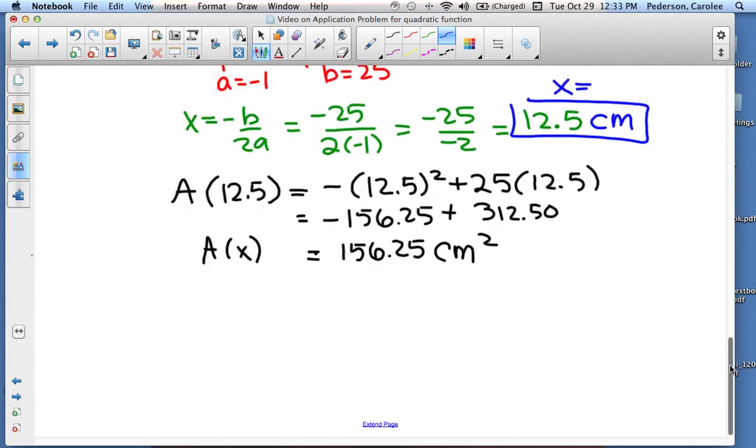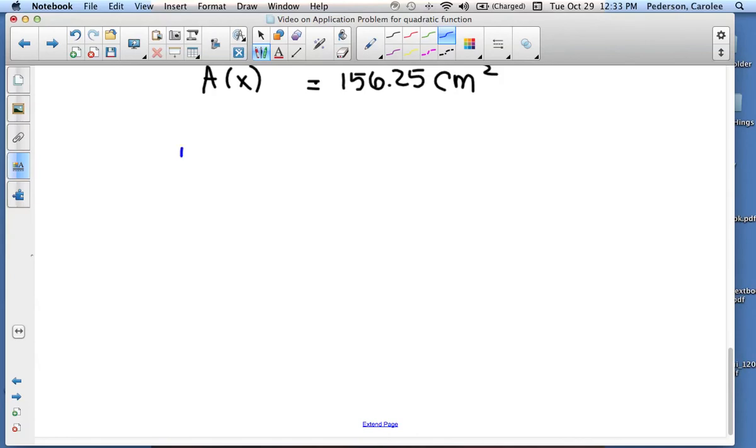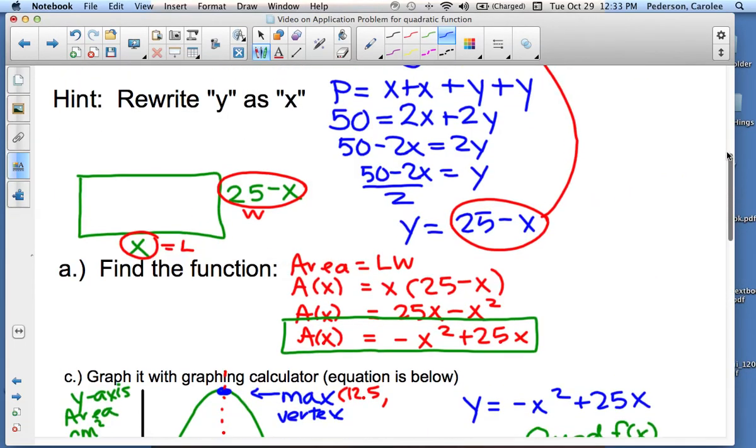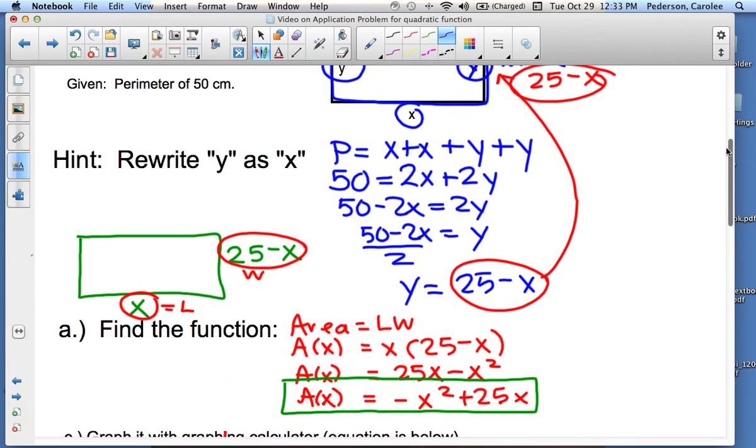If we wanted to know the dimensions of this rectangle, remember x was 12.5, we just found. And then this side here, y equals, we changed it into an x form of 25 minus x.